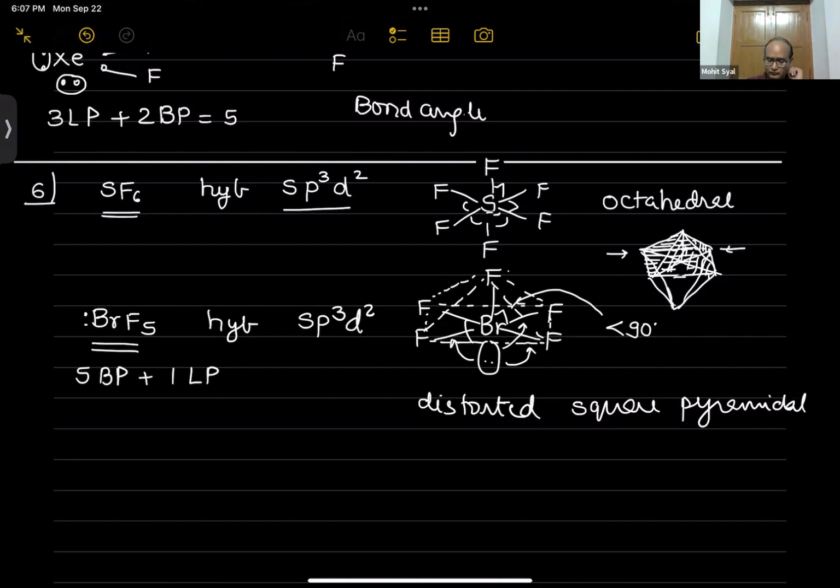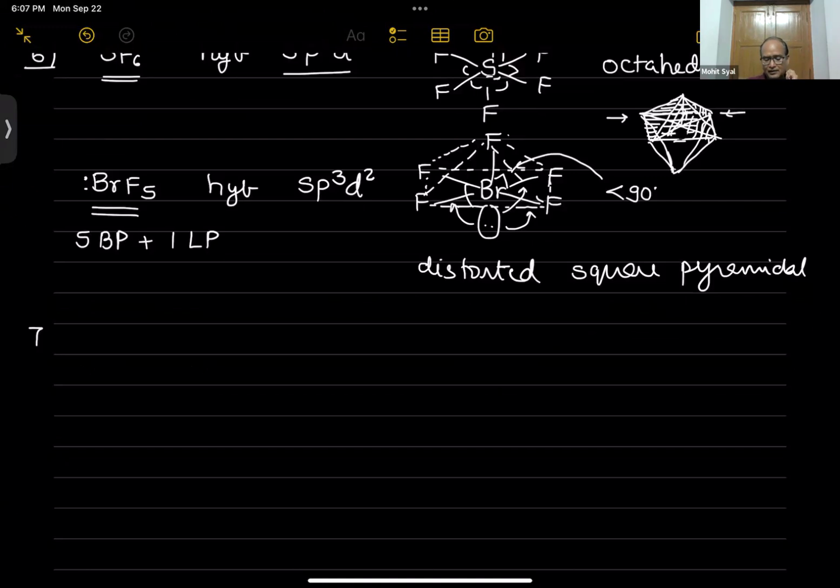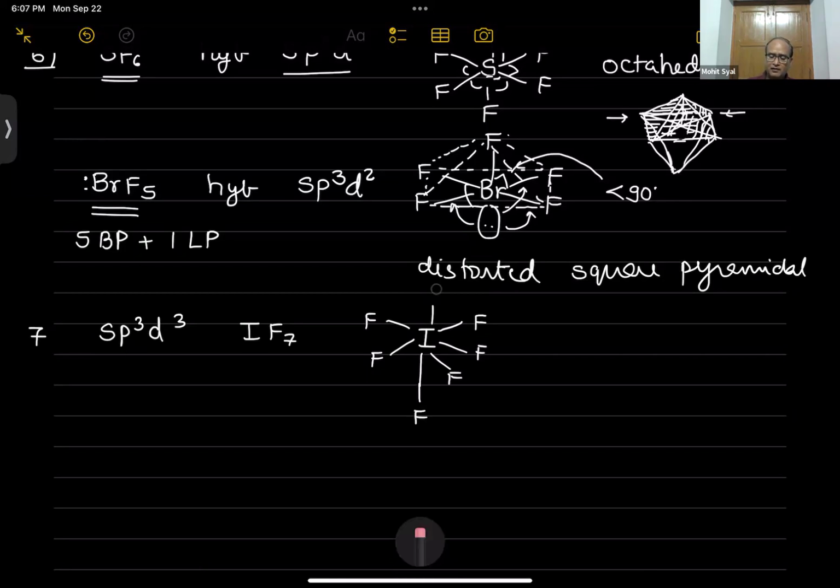Got it? Suppose you have seven, I told you IF7. That is sp3d3 hybridization. IF7 is pentagonal bipyramidal, because five of them you are going to put in the plane. One at the top, another at the bottom. These are the axial bonds.